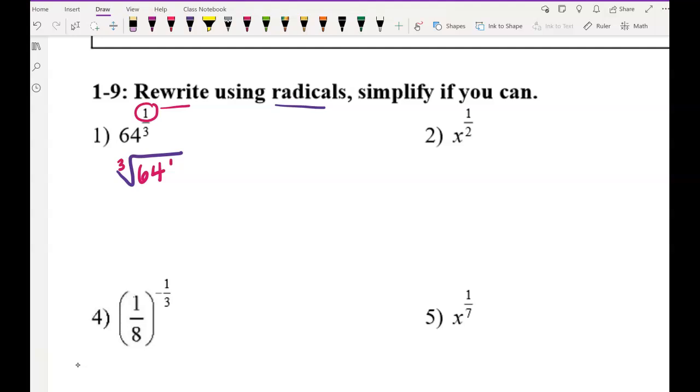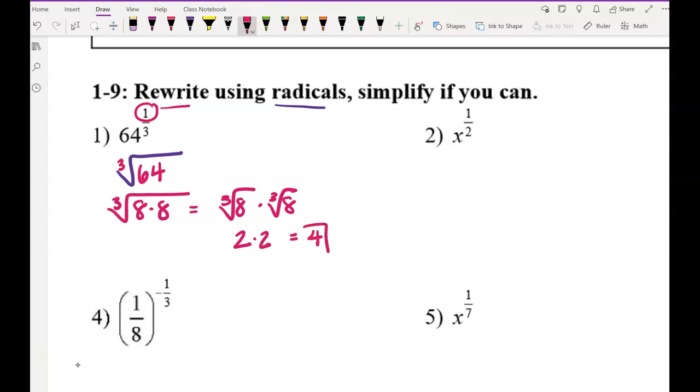But we really don't need to write 64 to the 1 power. Now 64 is 8 times 8. Third index. And as you know, cube root of 8 times cube root of 8 is going to be 2 times 2, which is going to be 4, because it's simplify if we can. So this is your equivalent radical.